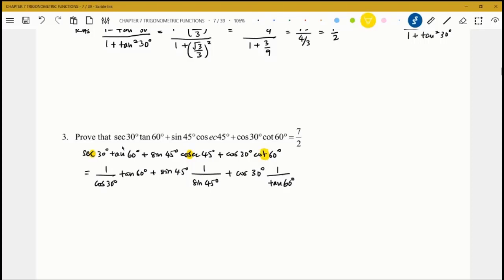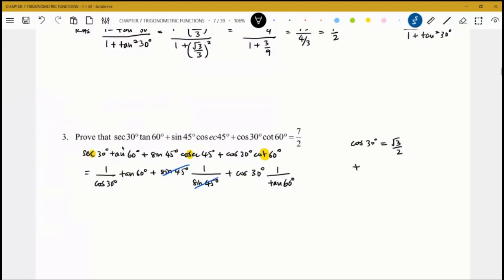Okay, now we can cancel out mana yang boleh kita cancel out. So ini boleh cancel out. Ini boleh cancel out. Okay, so we have to substitute cos 30, tangent 60, cos 30 and tangent 60. So cos 30 adalah square root 3 over 2.